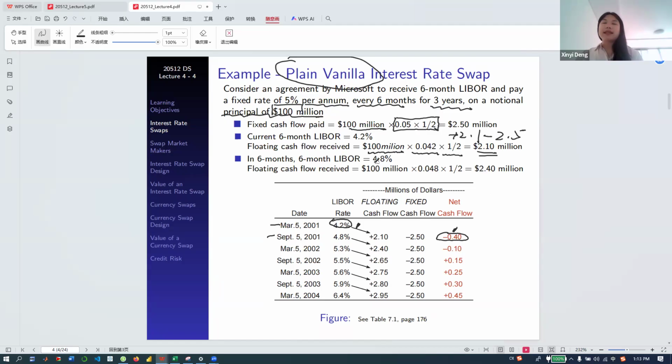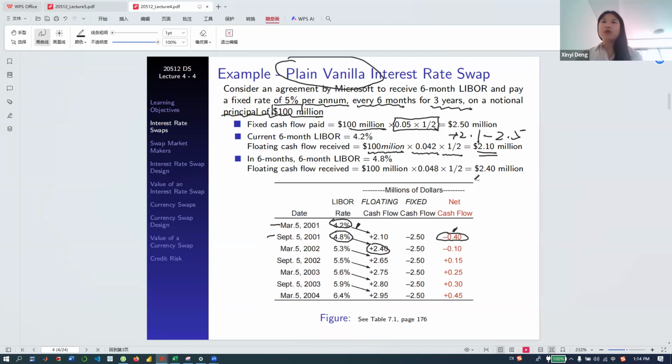So we also know that in 6 months, the 6 months LIBOR rate is going to change into 4.8%. So basically on September 5th, it's going to be 4.8%. And that's going to determine your cash flows actually in March next year. And now the fixed rate is still remaining at 2.5 mils, but the floating cash flow actually increases to 2.4.